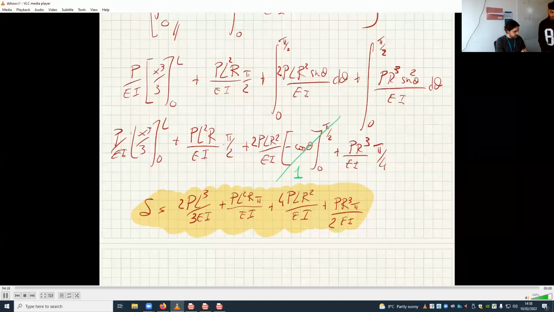But the factor of safety depends. What are you using? Tresca? Yeah, Tresca. So the factor of safety for Tresca is sigma yield over sigma 1 minus sigma 3. So sigma 1 is the largest principal stress, sigma 3 is the smallest.